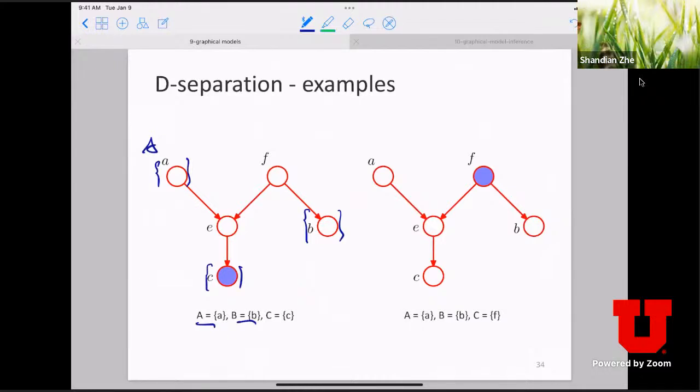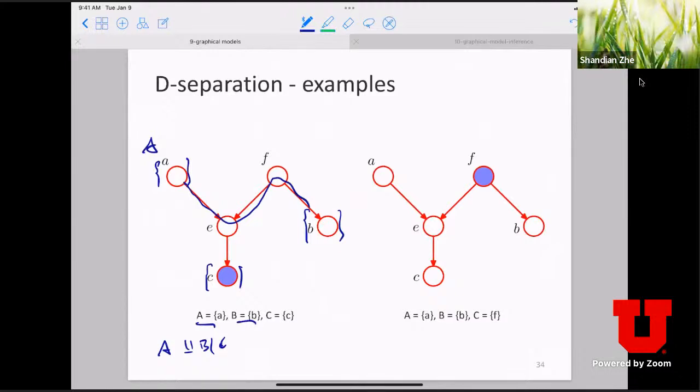To test if A and B are conditionally independent given C, according to this Bayes ball algorithm, we just need to enumerate every path from any node in A to any node in B. There's only one path from here to here. So we just look at every node on this path and check if any node matches the three basic structures we have just discussed.